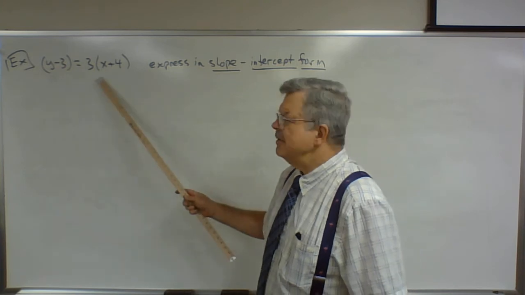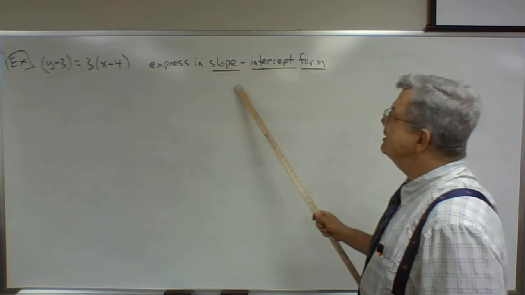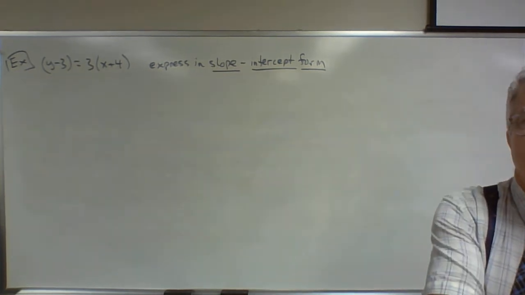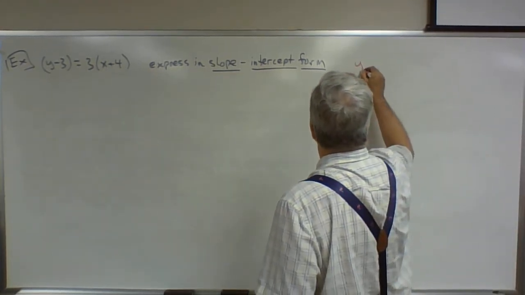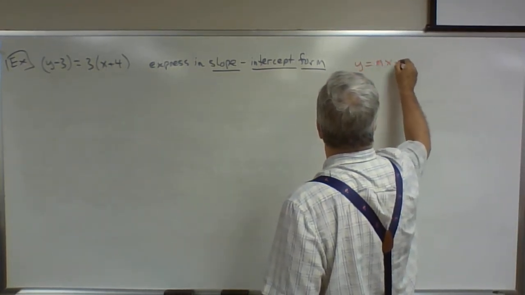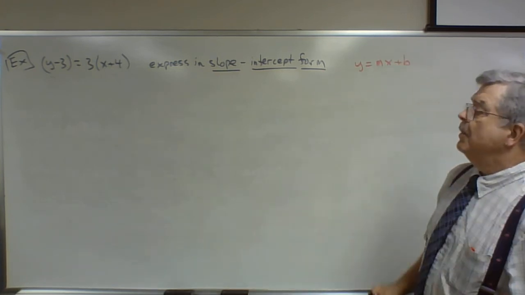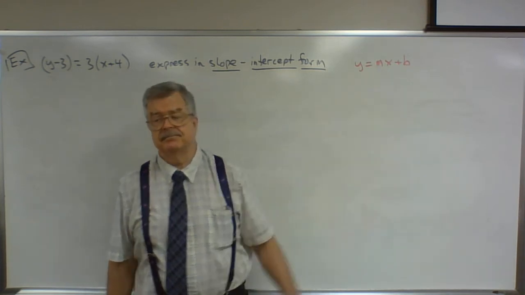But it's close to being in point-slope form. And we're told to re-express this in slope-intercept form. So let's remind ourselves of what this is. Y equals mx plus b. We want to rewrite this equation in that form.